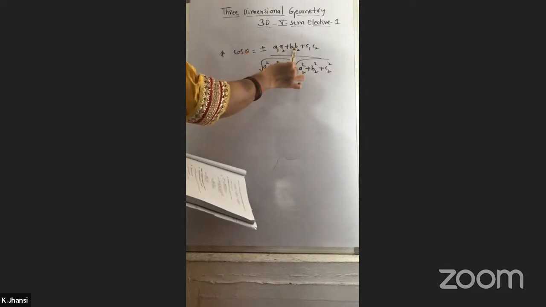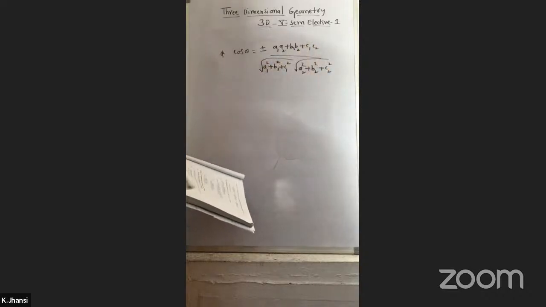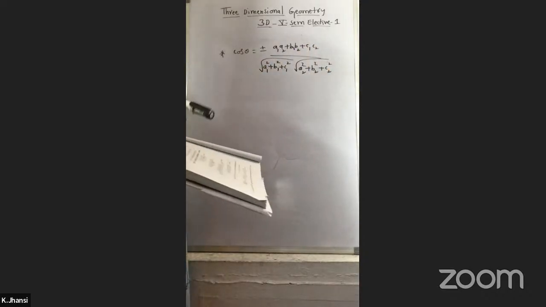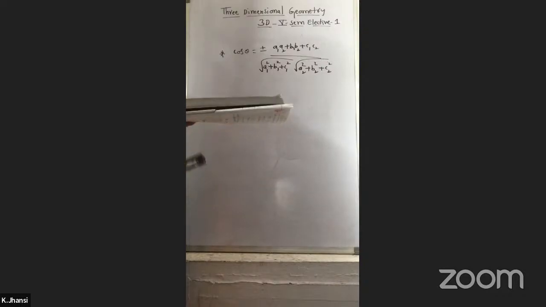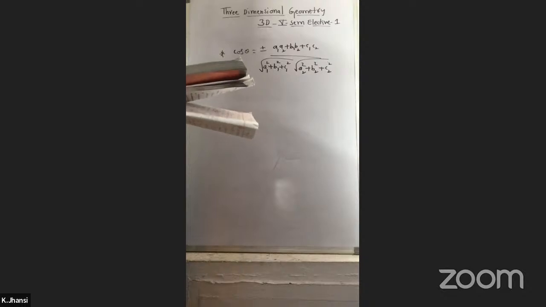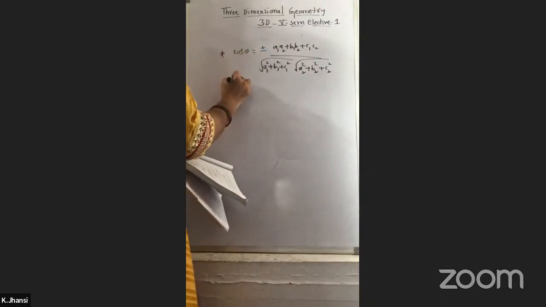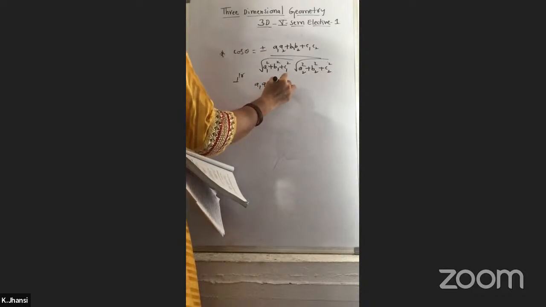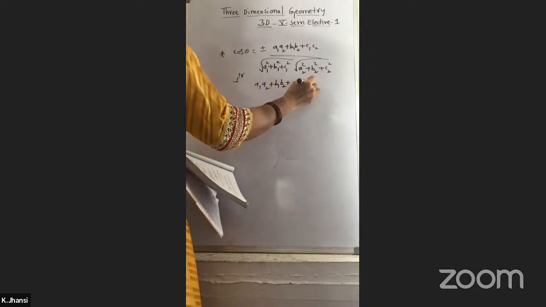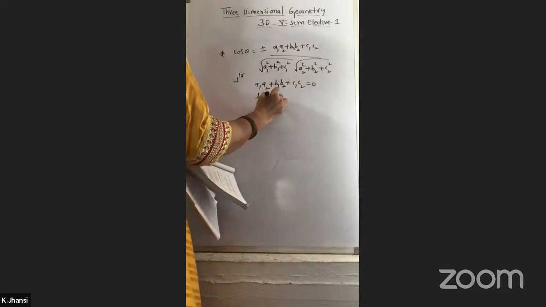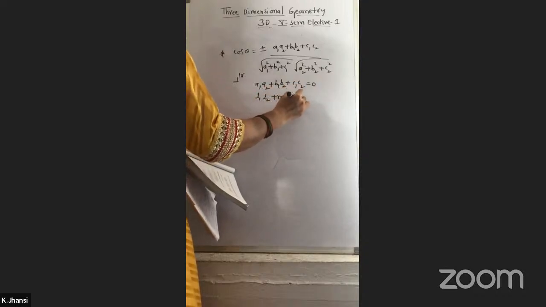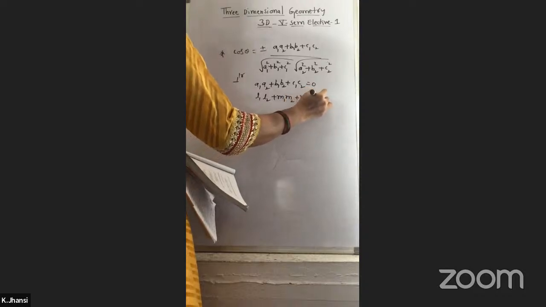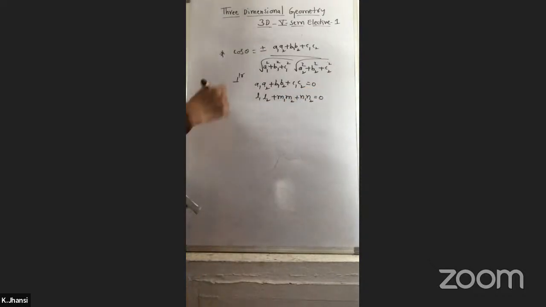So A1 A2 plus B1 B2 plus C1 C2 equals 0, or L1 L2 plus M1 M2 plus N1 N2 equals 0, if two lines are perpendicular to each other. That is called the condition of perpendicularity. In some problems we'll use this one.